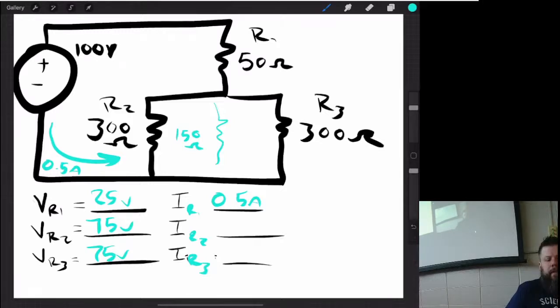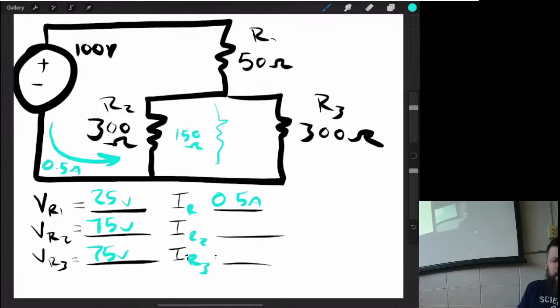You're not adding the 75s because they're the same 75, right? Across those two resistors, that's the same 75 volts. And then you've got 25 volts. So 50 times 0.5 would be 25 volts.